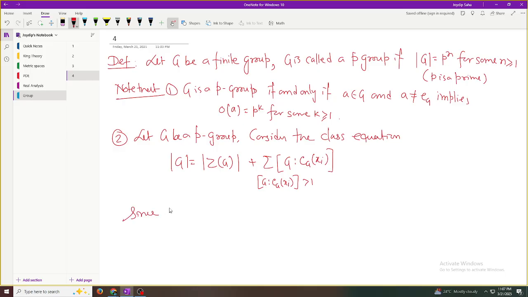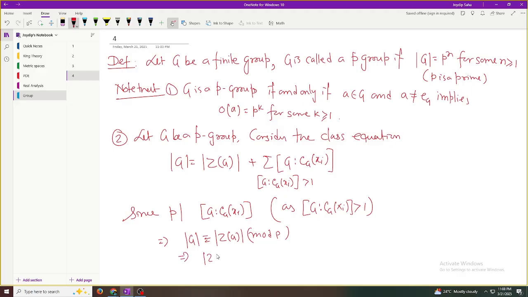Since P divides the index of the centralizer of x_i, as this index is greater than 1, this implies the sum is congruent to 0 mod P.